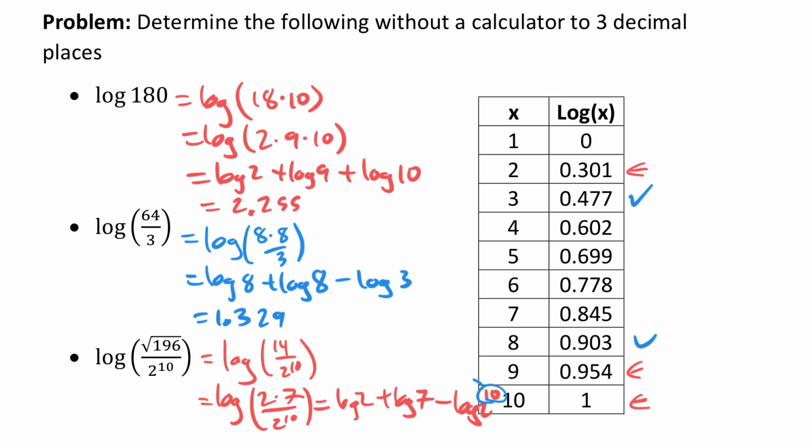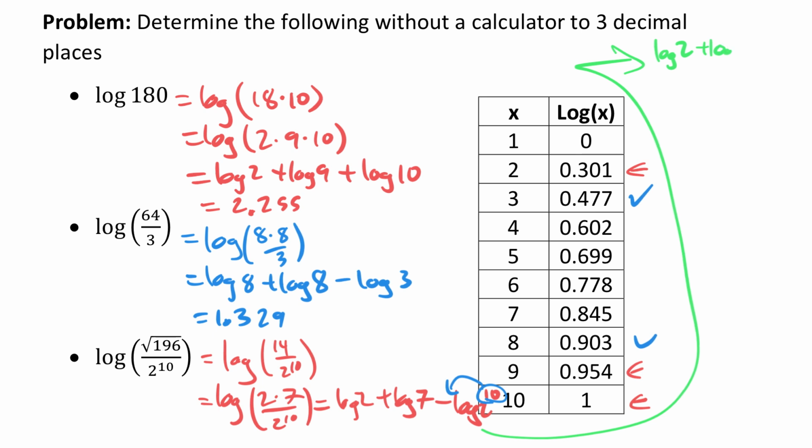So we take that 10 and we move it down. So we'll have log 2 plus log 7 minus 10 log 2. So what that means is we have to find the number for log 2, which is right here, and then we multiply it by 10. So it becomes 3.01.